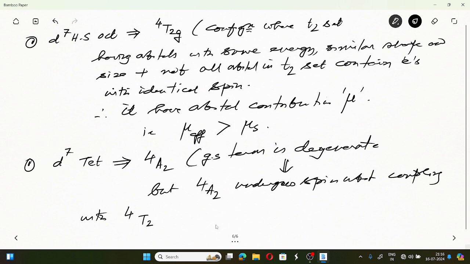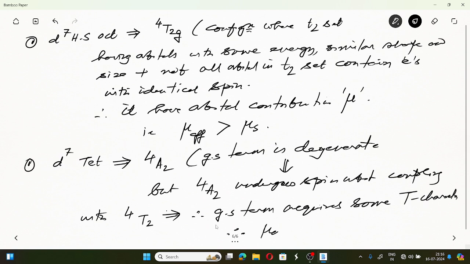Quartet A2 undergoes spin orbit coupling with quartet T2. So therefore the ground state term acquires some capital T character. Therefore mu effective becomes slightly higher than mu s.